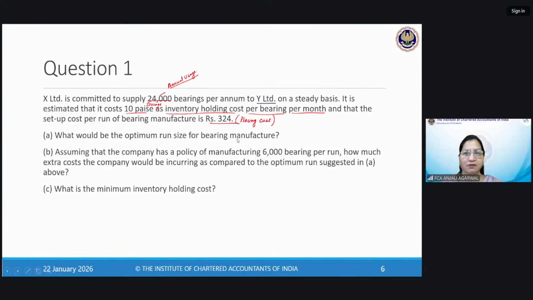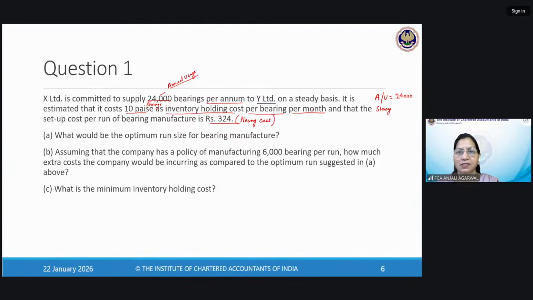So let's first talk about this. We have three important pieces of information. Annual usage is 24,000. Storage cost per unit per annum, because this is per annum, so find out the storage cost per annum. Had this been 24,000 bearings per month, we would have stuck to 10 paisa per unit.